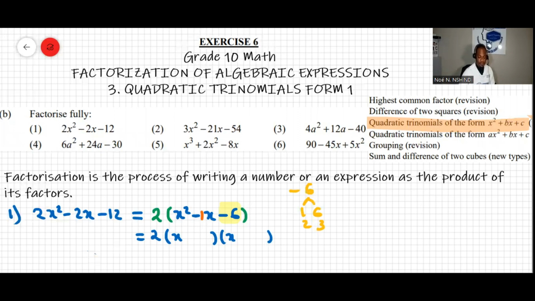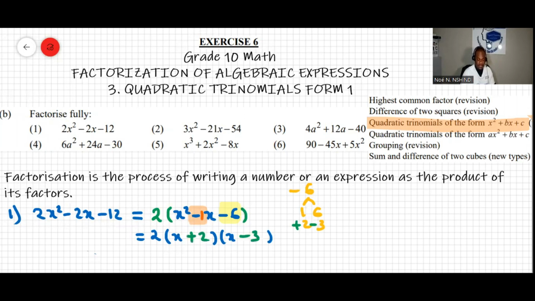Now we're looking for a sum equal to -1 in the list of the factors. With 1 and 6, we will never get -1, but with 2 and 3, yes, we can, if it's a +2 and a -3. So we write +2 here and -3 there.